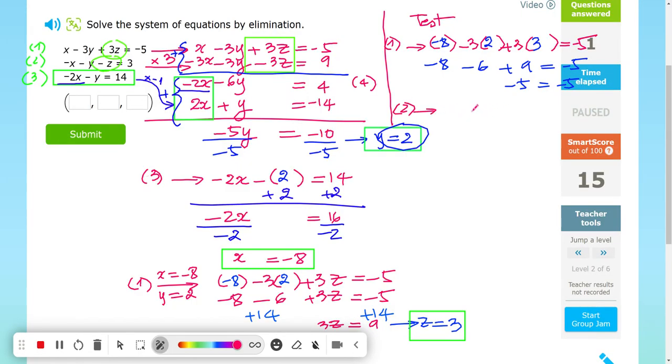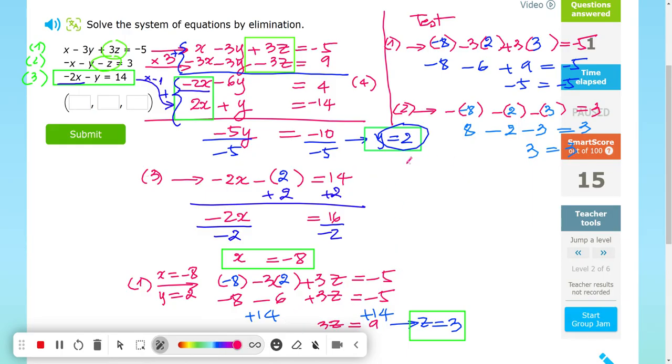Number 2, I got subtract x, subtract y, subtract z equal number 3. Okay, now substitute x, y, z in. X equal negative 8, y equal 2, z equal 3. Okay, so I come out positive 8 subtract 2 subtract 3 equal 3. So 3 equal 3 on both sides. Okay, so I'm very good.